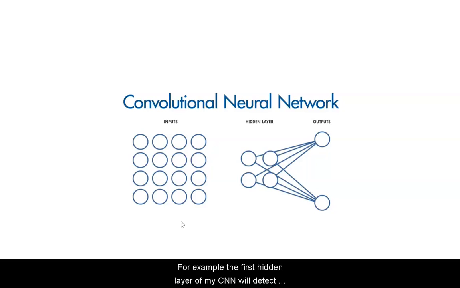For example, the first hidden layer of my CNN will detect the same feature, which is an edge. And the nodes in my second hidden layer will detect a different but same feature, which is, say, texture.